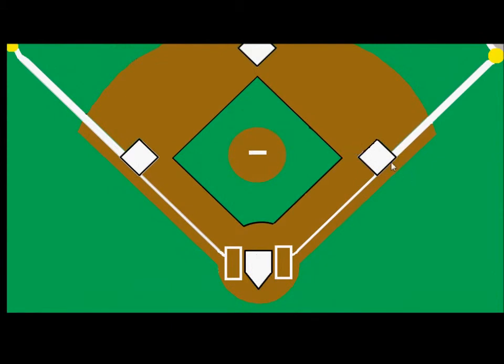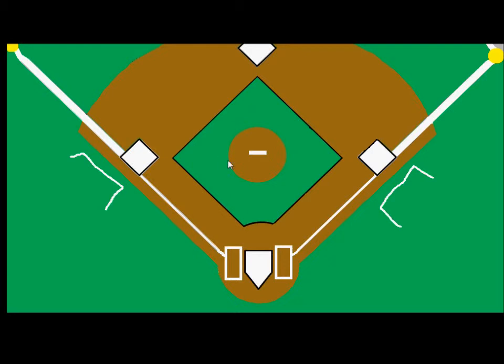So the coach should be in his coach's box, which on the third base side would be over here. If a runner is rounding third base, the coach couldn't come out and push him, or if he wants him to stop, he couldn't grab him by the jersey and pull him back to third base.